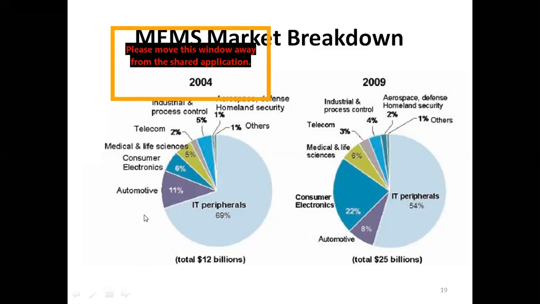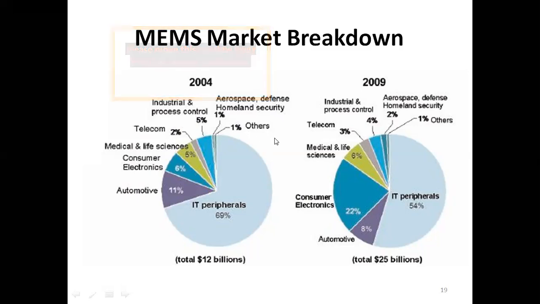And you could see almost the same application areas: automobile, consumer electronics, medical and life sciences, telecom, industry and process control, aerospace, defense, homeland security. So almost the same applications at both times, that is 2004 and 2009.